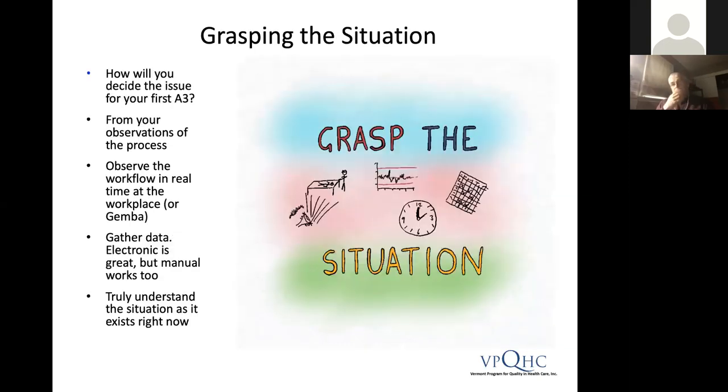So the first stage, we call it grasping the situation. How are you going to decide on that issue for your first A3? Well, you're going to go and observe the process itself and the workflow in real time at the workplace where it actually happens, and gather data so that you can truly understand the situation as it exists right now. And that data could be in multiple forms.